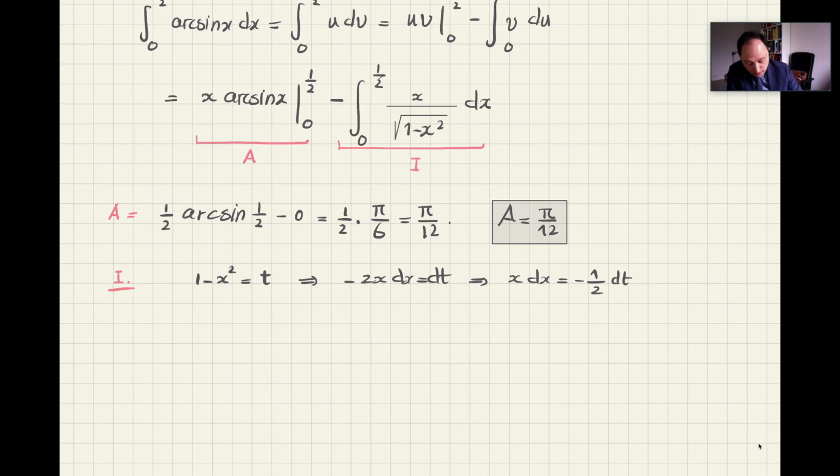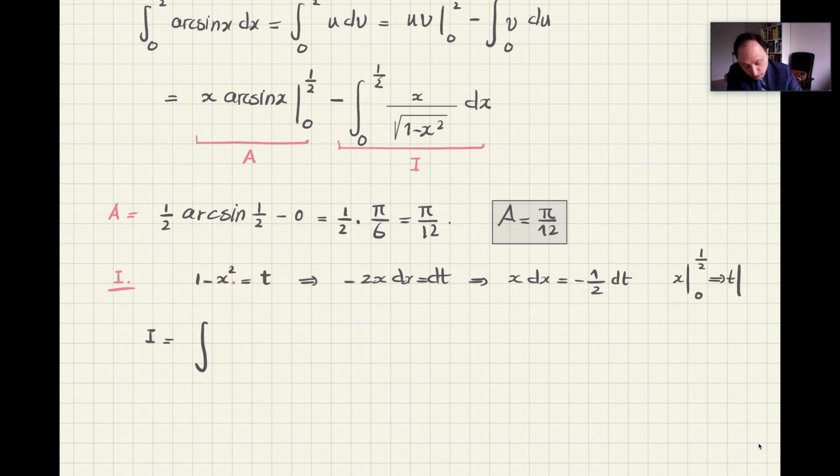Okay, and then the integral I that I am looking for becomes, okay, this is a definite integral. I have changed the variables. I myself always prefer to change the limits. So what should I write? Because you are telling me that x goes from 0 to 1/2, I can conclude what happens to t. How?